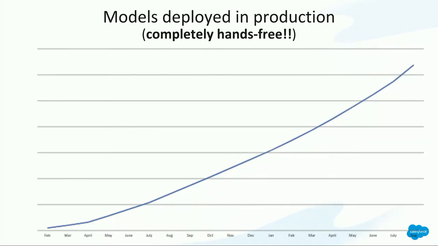There's no y-axis here because PR at Salesforce asked us to remove this axis. But believe me, the values are pretty high. They're pretty big values. So here we're making more and more models, which are AutoML models.